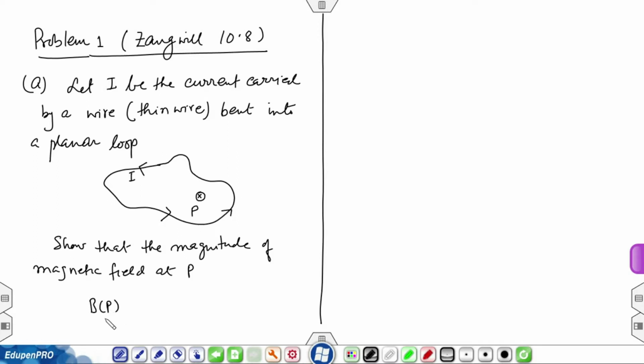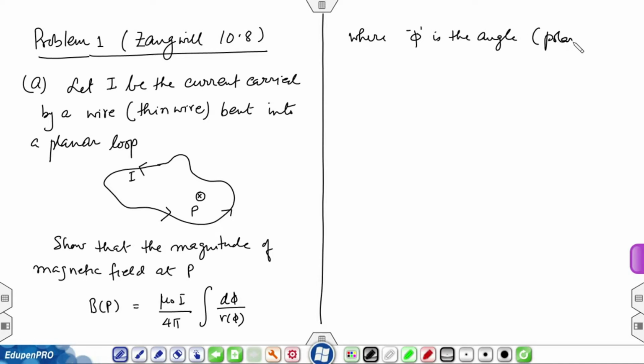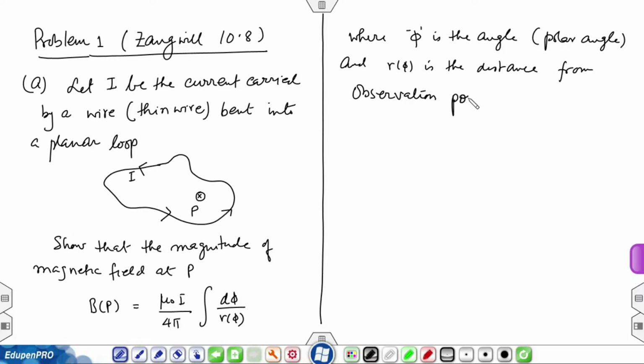So, I am going to write no vector here, B is equal to mu 0 I over 4 pi integration d phi over r phi, where phi is the angle, polar angle, and r phi is the distance from observation point P. So, let me explain the problem.